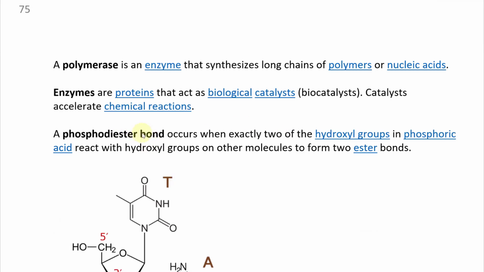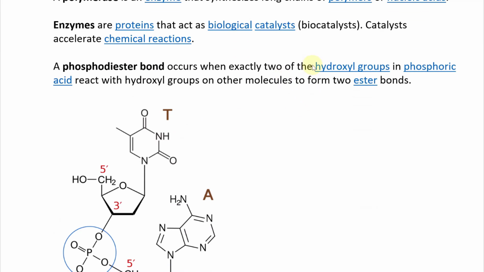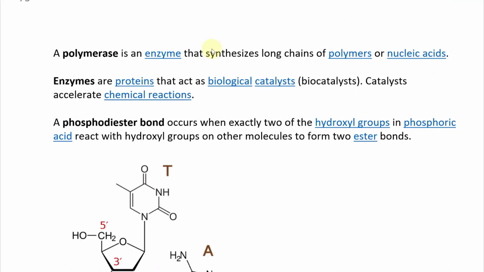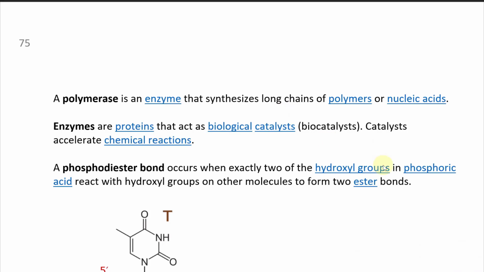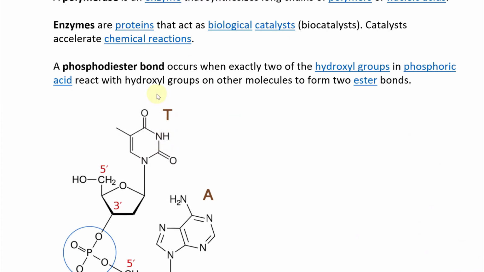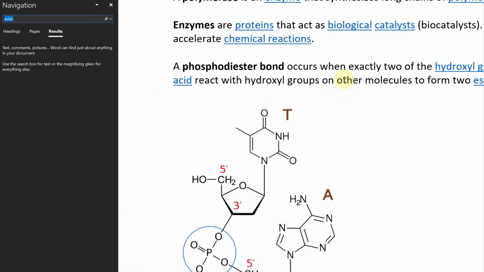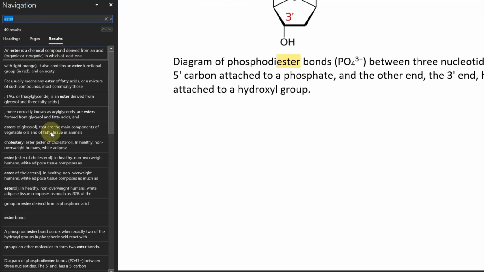A phosphodiester bond occurs when exactly 2 of the hydroxyl groups, and the hydroxyl is just dash OH, in phosphoric acid react with hydroxyl groups on other molecules to form 2 ester bonds. And just to recap, you can search ester right here in this Word doc.